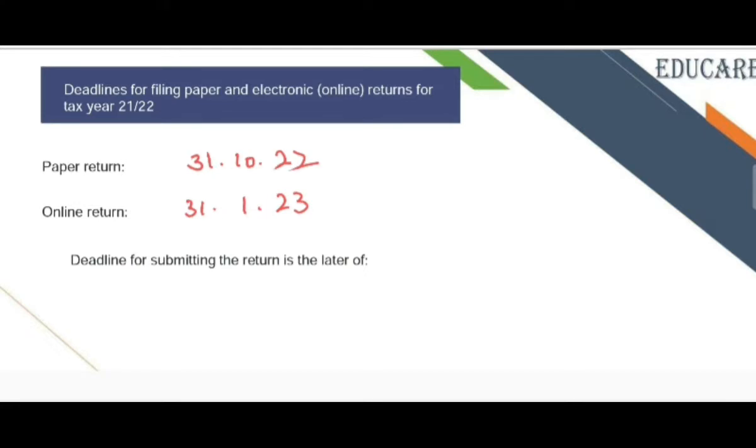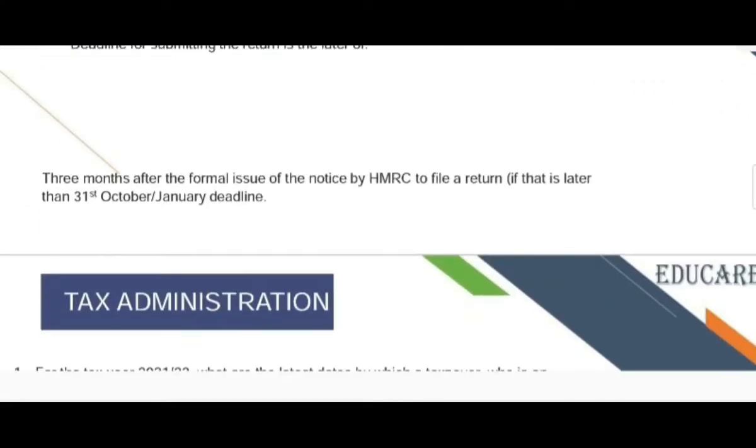In case HMRC issues a formal notice to file a return and that date is later than 31st October or 31st January, then that date will be considered as the deadline.